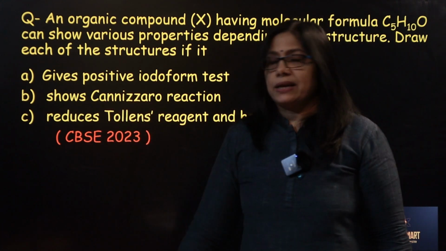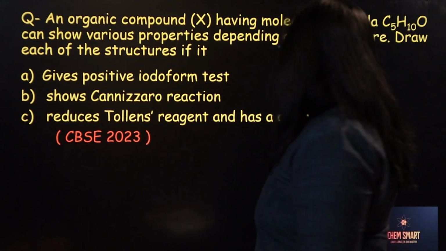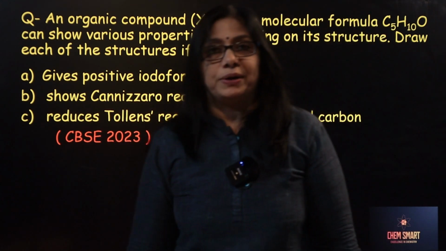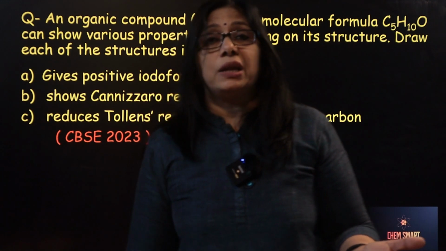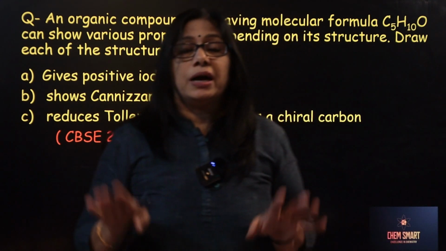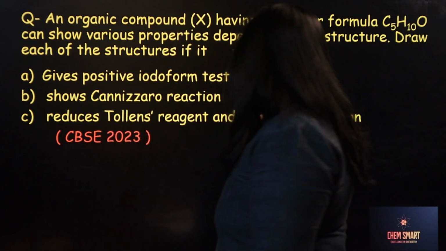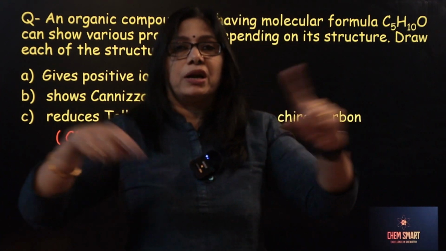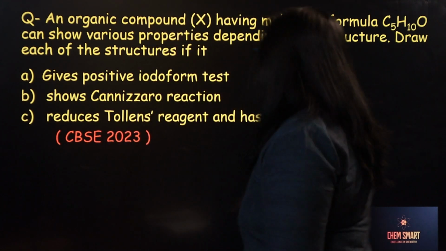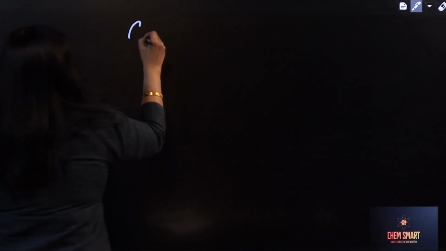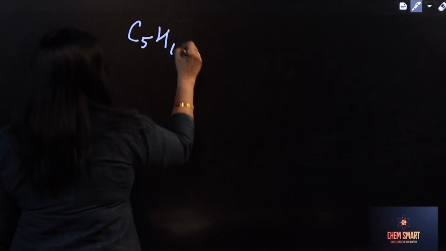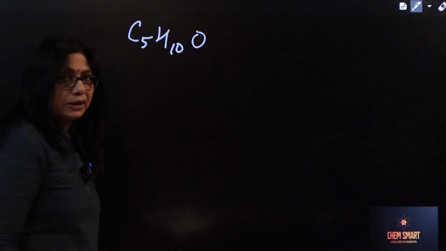Now part C: reduces Tollens reagent and has a chiral carbon. Reduces Tollens reagent means what? It should be an aldehyde, right? Then only it can reduce Tollens reagent. And it has a chiral carbon, meaning the carbon should be connected to 4 different groups. So let us try how to do it. The expected molecular formula is C5H10O, right?